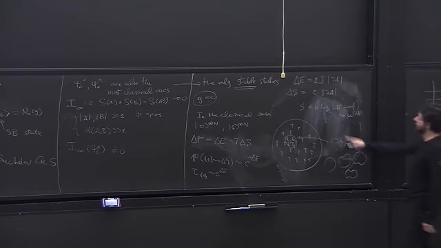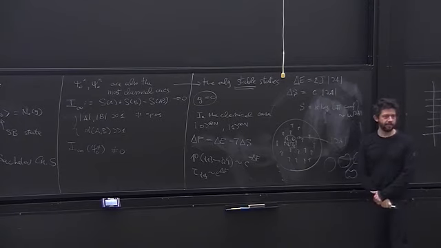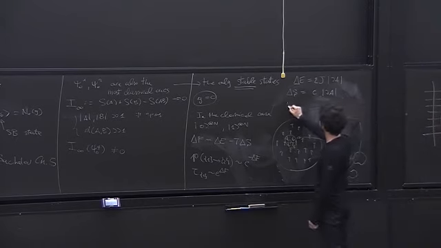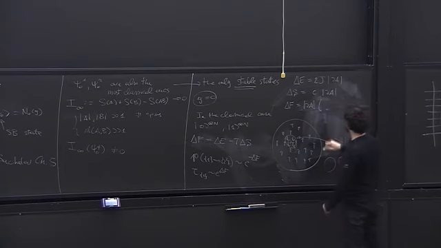This constant contains k, it is k times a number that depends on mu, some constant that depends on the lattice. So if we put things together, you see that delta F is equal to the boundary times 2J minus C t.